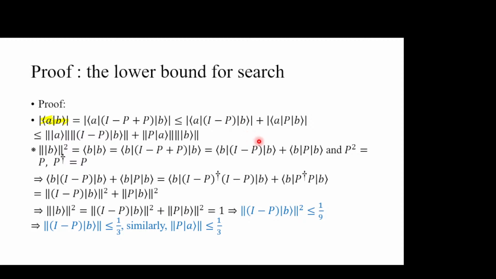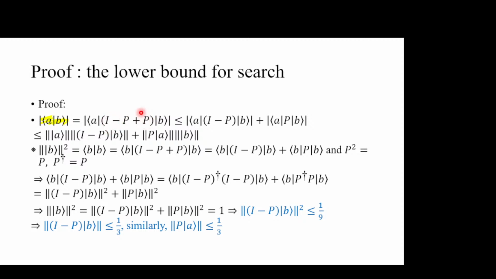So we are trying to get an upper bound on the inner product of A and B. Now we want to get the projector in, so we insert the identity in the middle: A and B sandwiching 1 minus P plus P. This is just writing the identity as 1 minus P plus P.